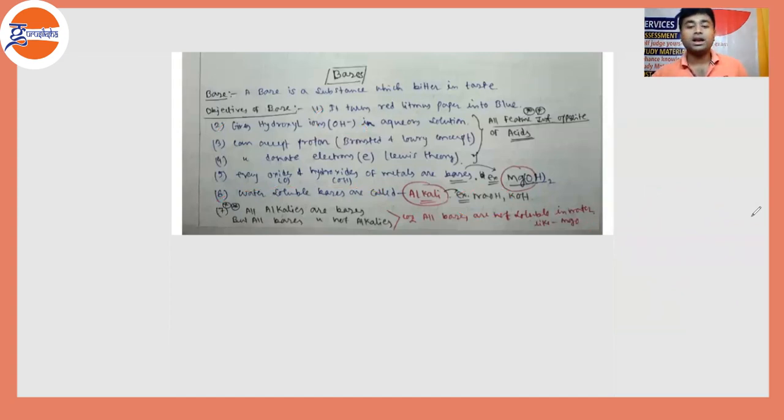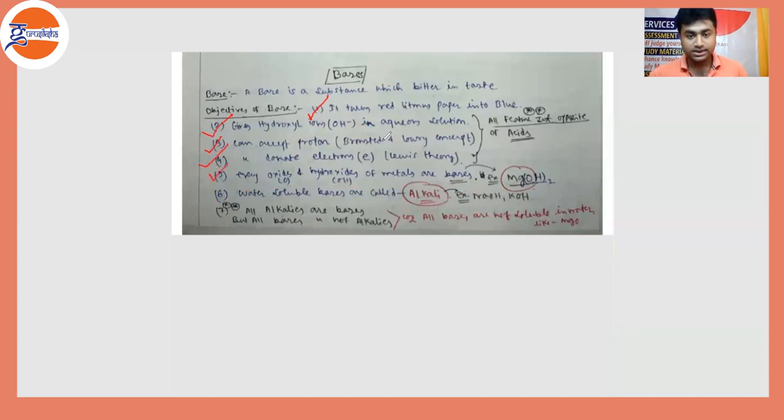There are lots of bases which are classified on strength basis and on different parameters. Let me again repeat all these objectives of bases: it turns red litmus paper into blue, gives hydroxide ion in aqueous solution, can accept proton, can donate electron.